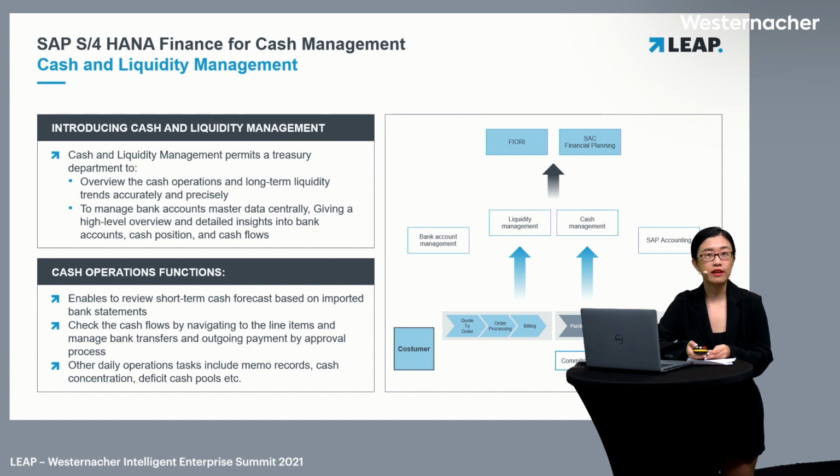The function of cash operations is to enable short-term cash forecast review based on bank statements, to check the cash flow by navigating to the line item and manage bank transfers and outgoing payment by approval process. Other daily operation tasks include memo records, cash concentration, deficit, cash pools, etc.